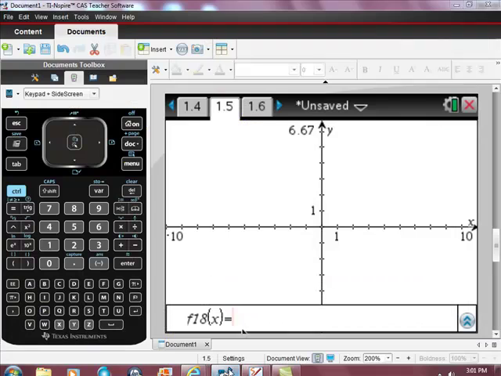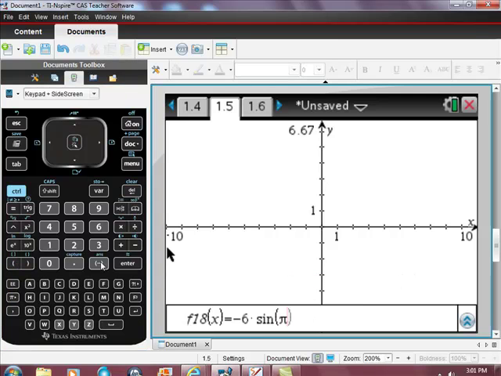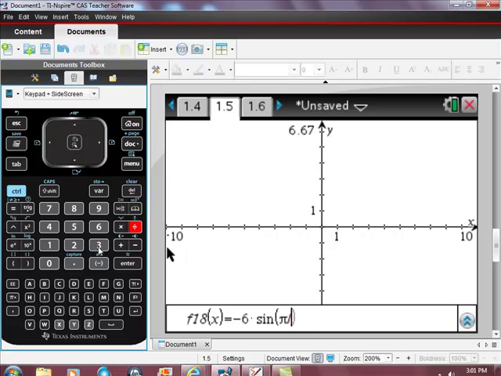Hopefully you're able to see this. Let me show you this really quick on a calculator. I'll put in negative 6 times sine of pi thirds x plus 4.